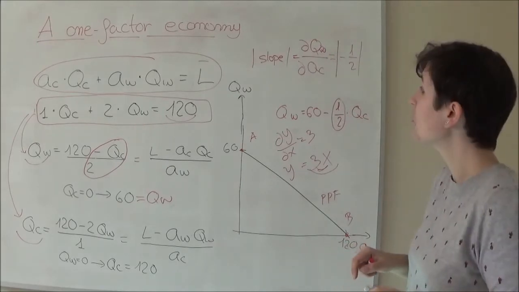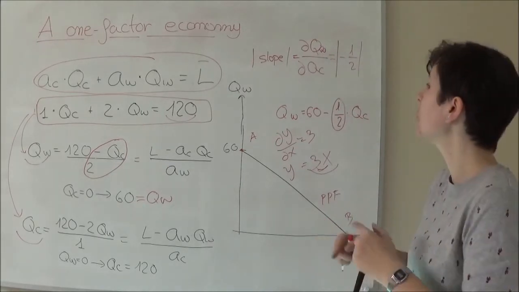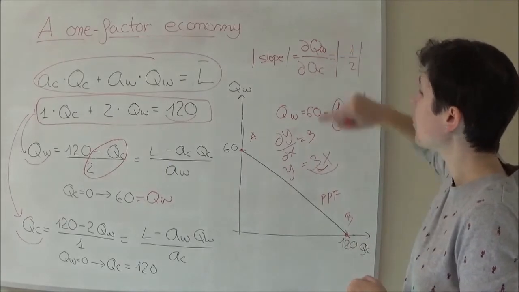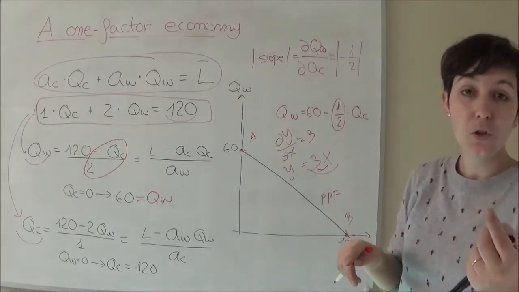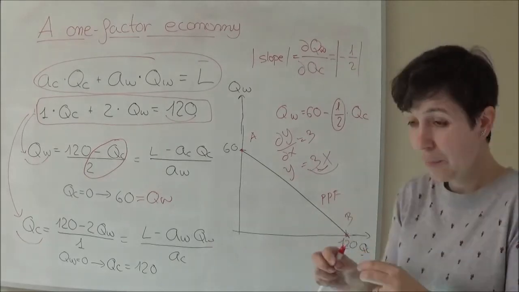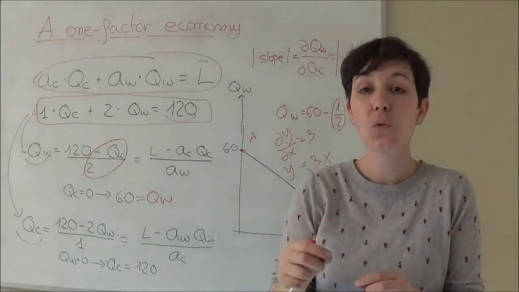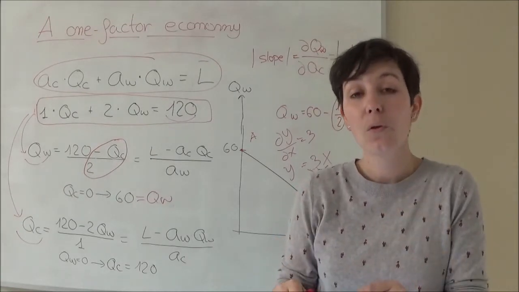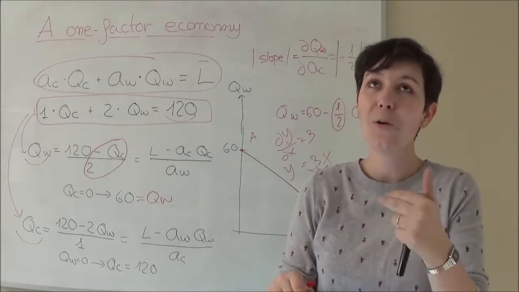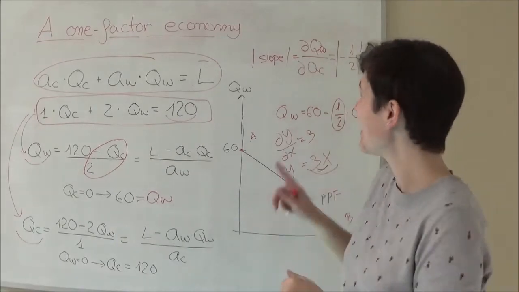And what is the opportunity cost of the other good? The opportunity cost of producing 1 unit more of wine is just the inverse number, so it's going to be 2. The meaning of that is, if you want to produce 1 unit more of wine, you are going to produce 2 units less of cheese, okay? Just the inverse.